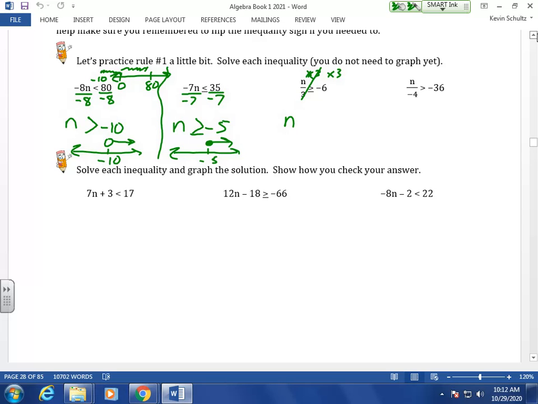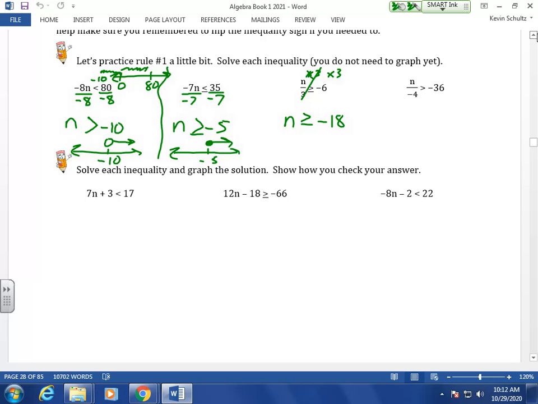But on the right side, negative 6 times 3 is what? Negative 18. Did the sign change? Did we switch sides of the number line? No. That negative 6, nothing happened to it, except it became negative 18. Because it's still a negative, the inequality sign does not change. It is only when you multiply or divide by a negative number.